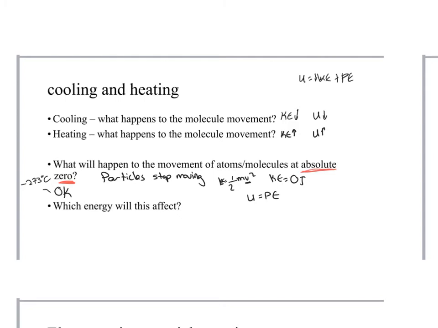Now, obviously, you can't get rid of the attractive force between those particles, so at absolute zero, the internal energy is not 0. It instead relies on the random distributions of the potential energy only. That's a very important part, and it's part of the course that you have to know.